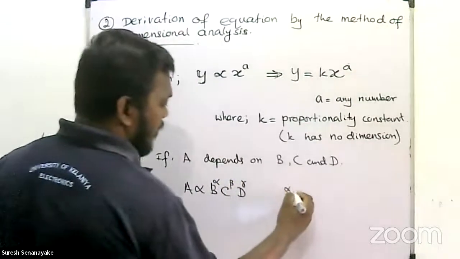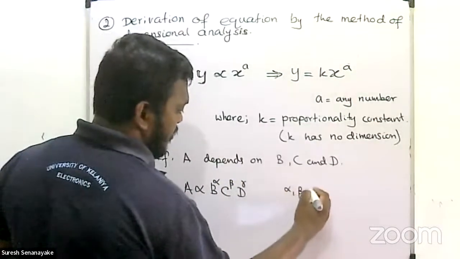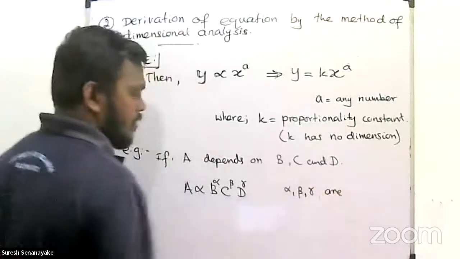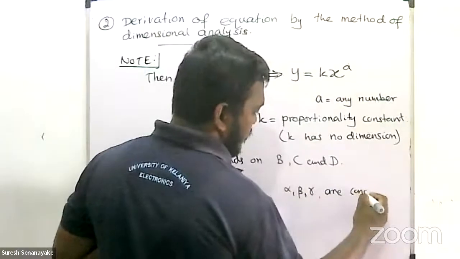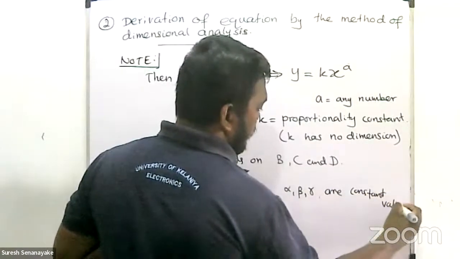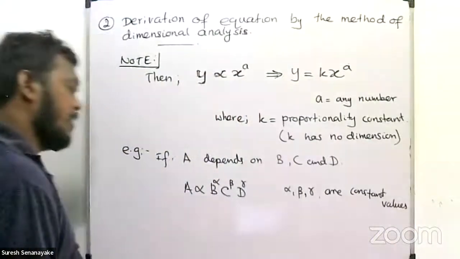Alpha, beta, gamma are constant values. They have no dimensions.